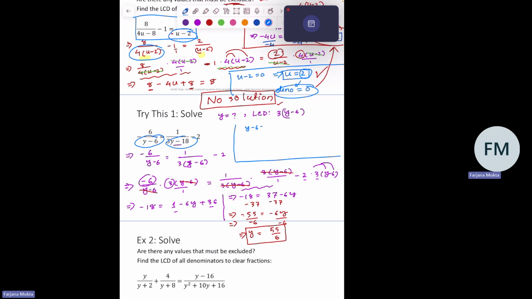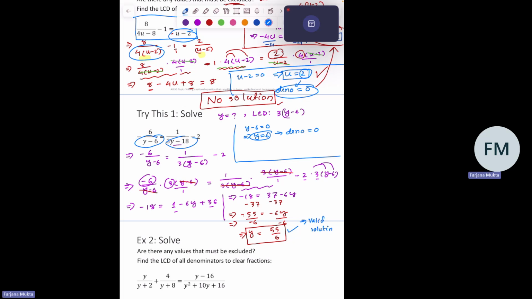And from y minus 6 equals 0, we get y equal to 6 is the value that will make at least some of the denominators equal to 0. If our solution is not 6 but anything else, then that's valid, right? Our solution is indeed not 6, so this is a valid solution, and that's our answer.